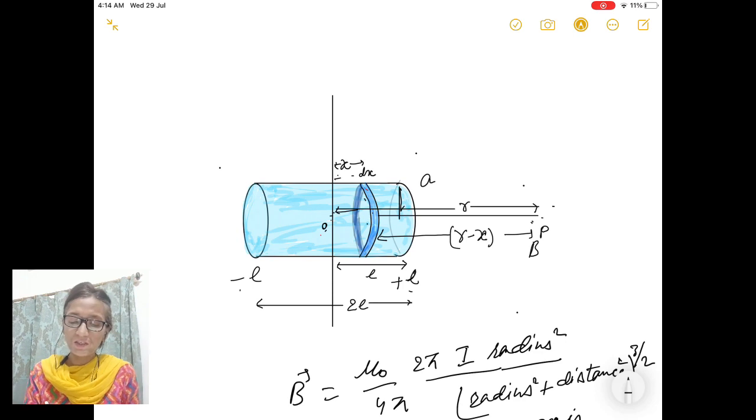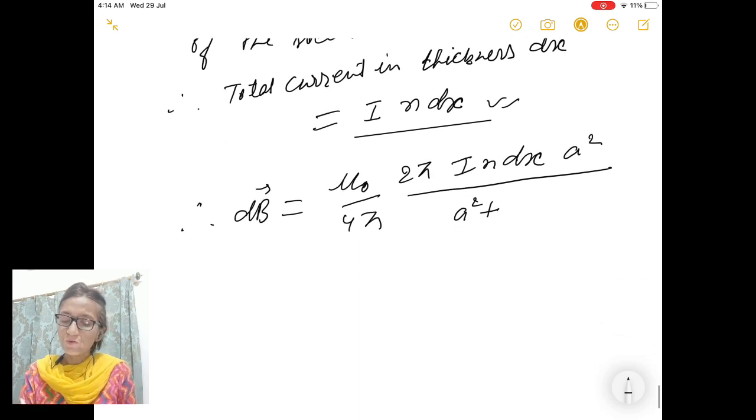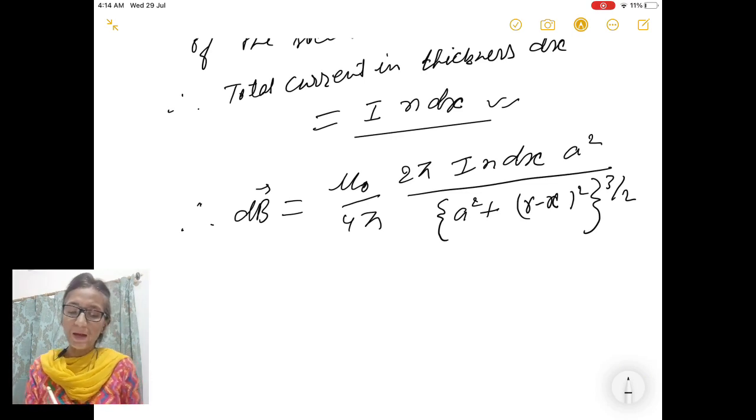R is the distance from the origin, this r minus this x. So this is r minus x square whole 3 upon 2.